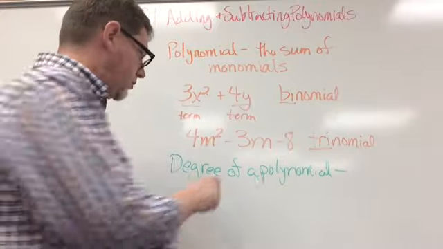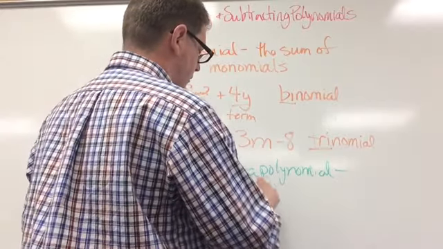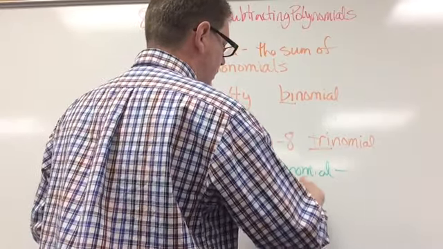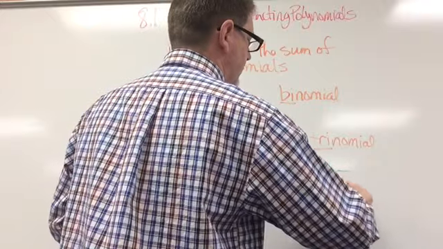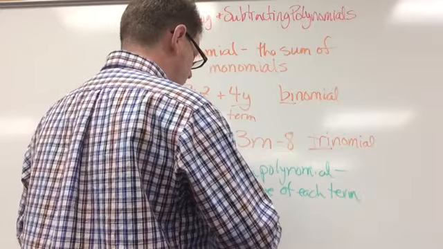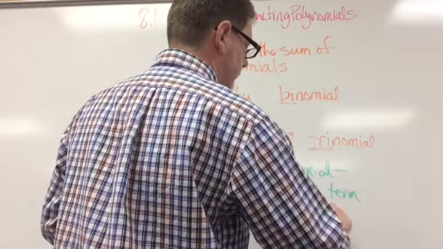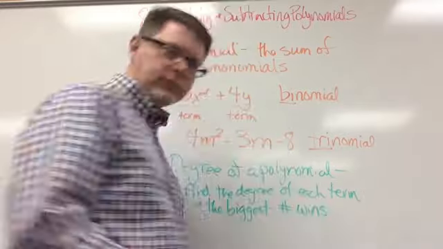Okay? So we'll write that. Find the degree of each term and the biggest number wins. That's obviously not a mathematical definition, but it's what we can learn it from.